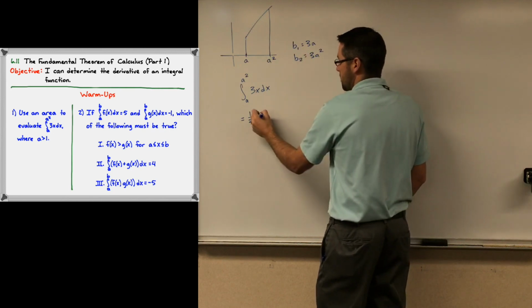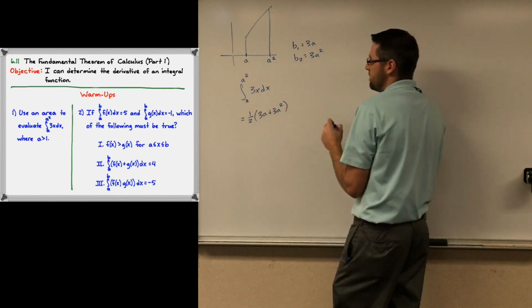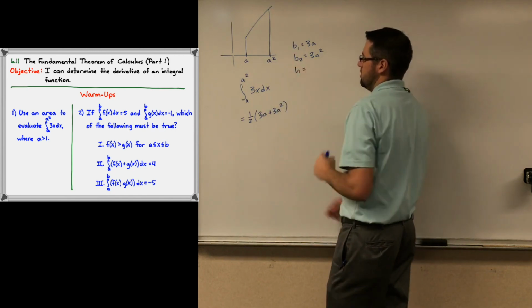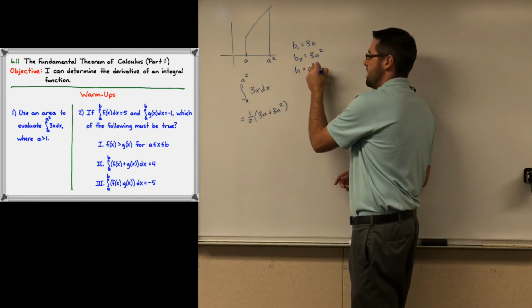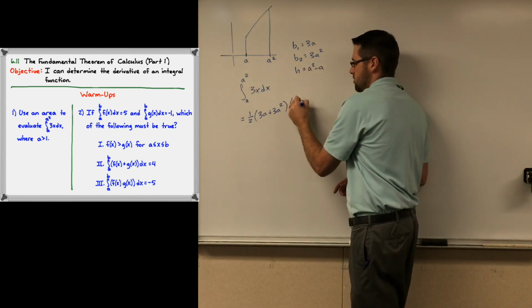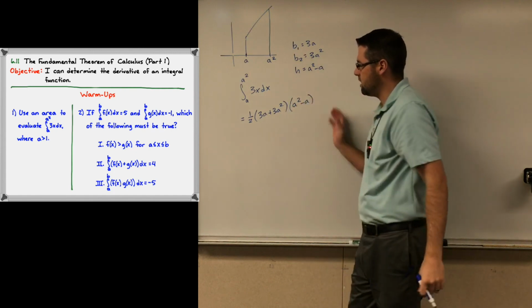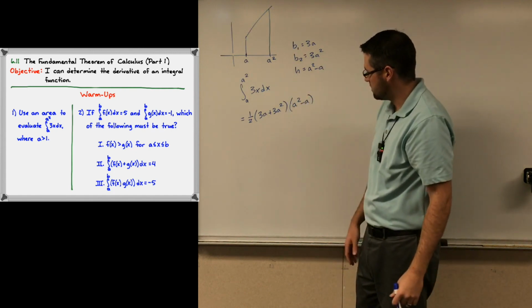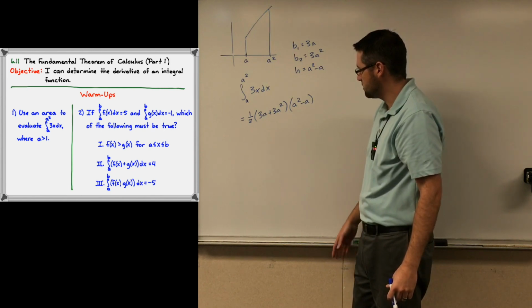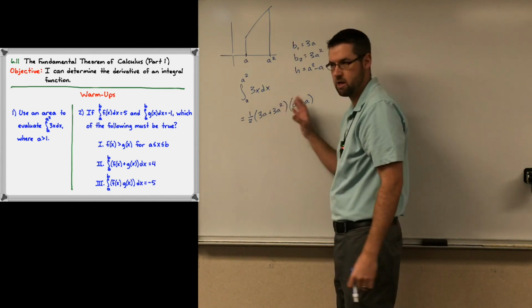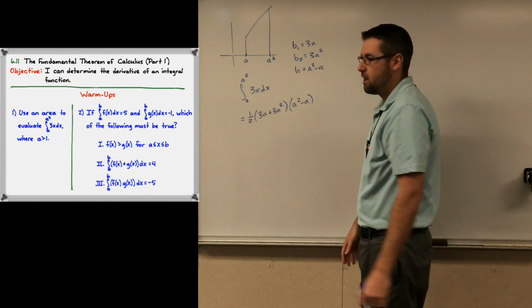So that's 3a plus 3a squared. And then what's the height? The height is this distance, so it'd be a squared minus a. And then from there you could simplify it, but I don't know if you need to so much. You could FOIL it, distribute it, and all. Okay, so we can leave it like that.